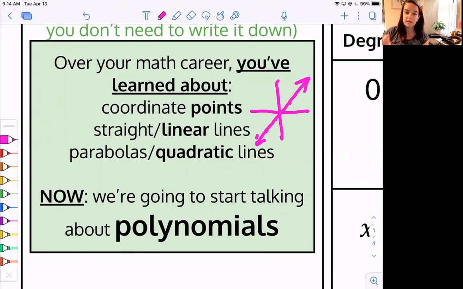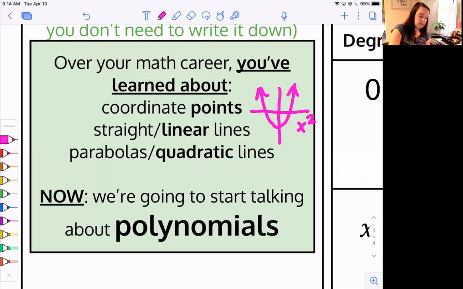And then at some point during maybe 9th grade, or maybe this year, we for sure did it this year, we started thinking about parabolas. Parabolas, what happens when you have a quadratic? Remember, we had x squared. So we started with just x comma y, and then we moved into y equals x, or mx plus b.